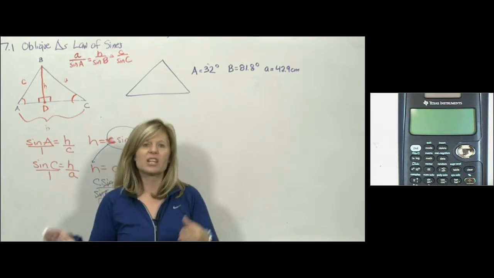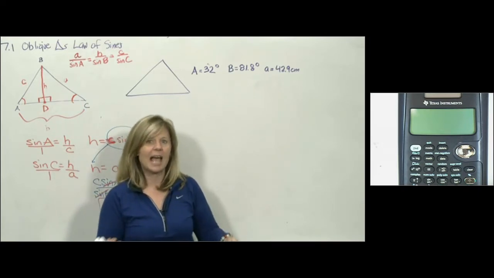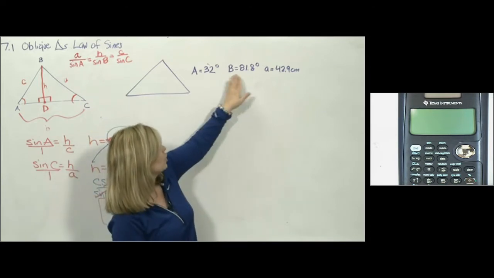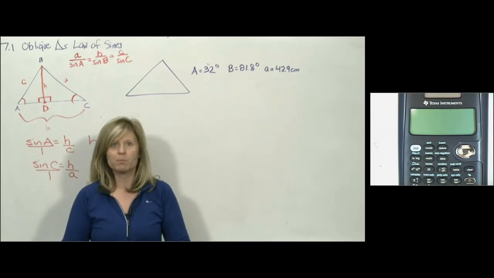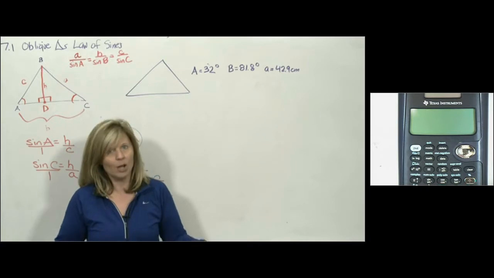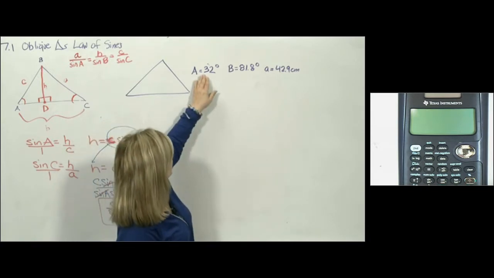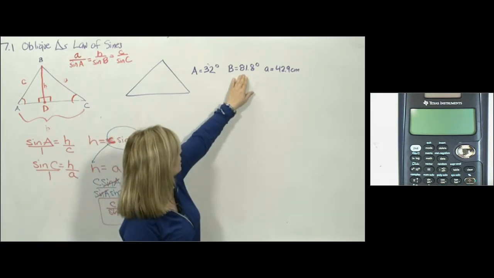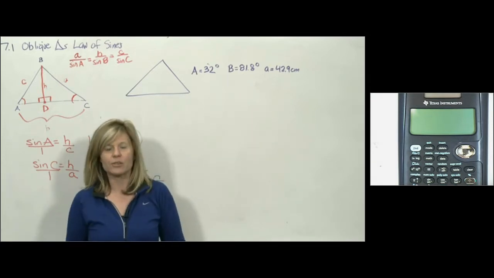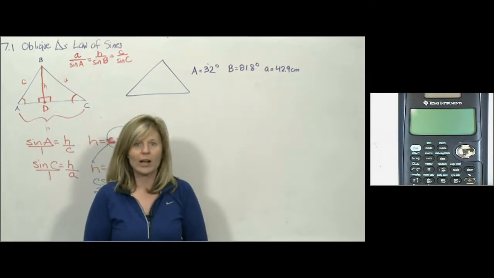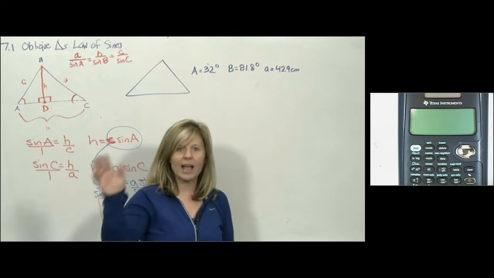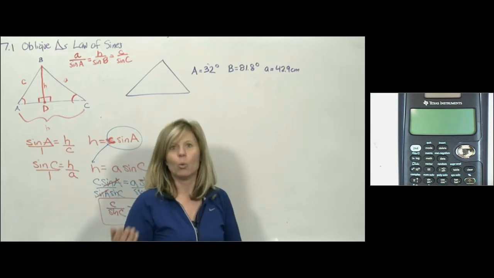What I want you to notice that's different in this section is look at the angle measurements. 32 and 81. Could this be a right triangle? No way. Right now, if you just off the top of your head add 32 and 81, you're at 113 degrees. So you know this can't be a right triangle because all 3 angles in a triangle add up to 180.